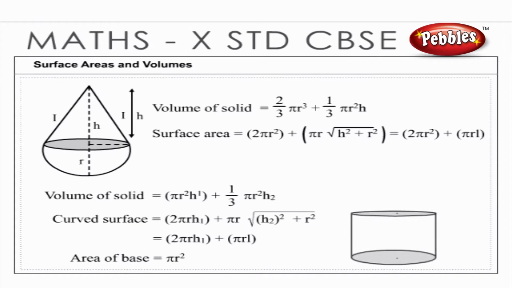Volume of solid in figure is equal to pi r squared h1 plus 1 by 3 pi r squared h2. Curved surface area is equal to 2 pi r h1 plus pi r root of (h2 squared plus r squared), which is equal to 2 pi r h1 plus pi r l. Area of base is equal to pi r squared.